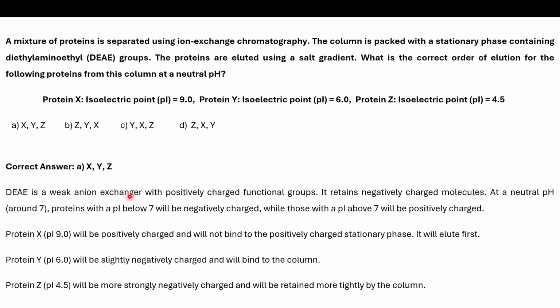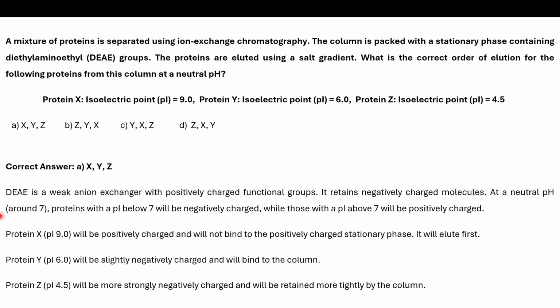DEAE is a weak anion exchanger with positively charged functional groups. It retains the negatively charged molecules, and at a neutral pH around 7, proteins with a pI below 7 will be negatively charged, while those with a pI above 7 will be positively charged. So the protein with a pI value of 9 will be positively charged and won't really bind to the positively charged matrix, which is DEAE in this case.